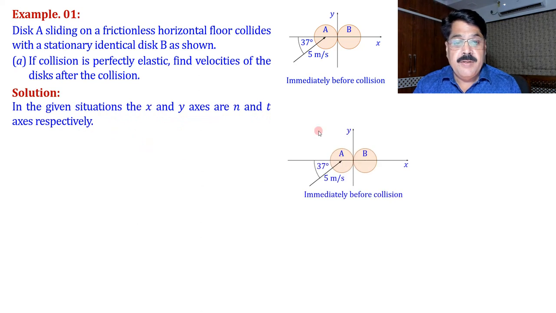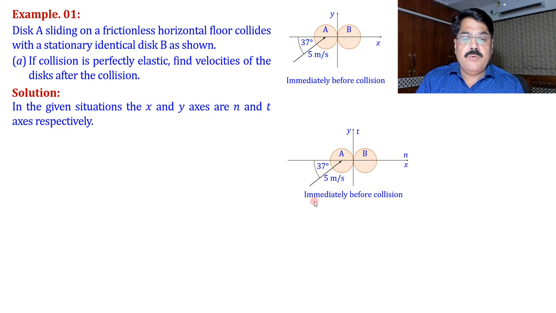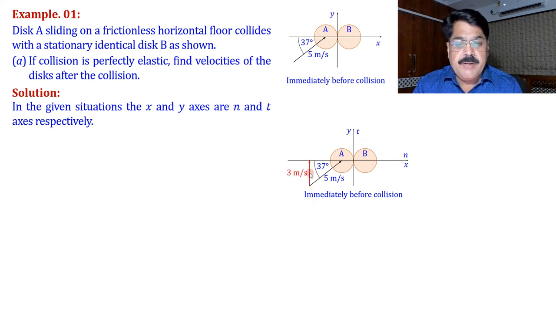So here is the diagram immediately before the collision. We resolve the 5 into t and n components. We label x as n and y as t. So now let us resolve 5 into components. 5 sin 37 is 3 meters per second, the tangential component, and 5 cos 37 equals 4 meters per second, the normal component.